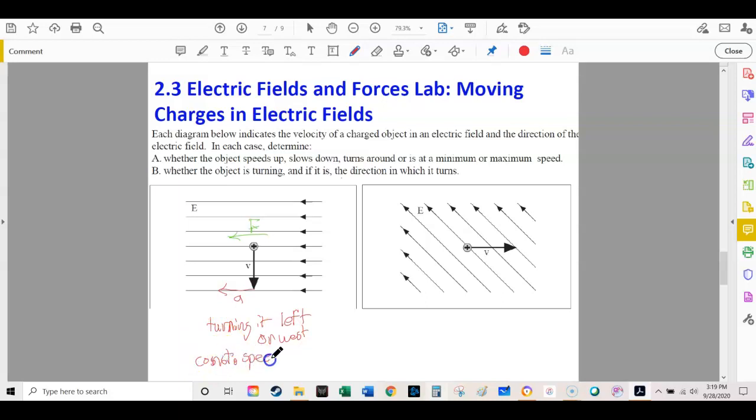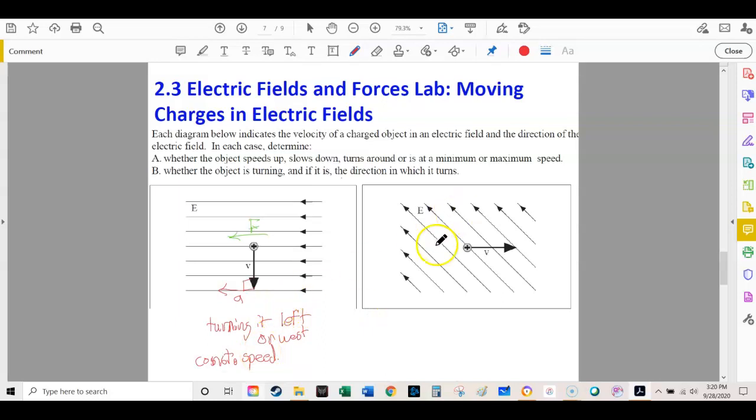Not constant velocity, but speed. So it's going to turn it to the left, and also it's going to keep it traveling at a constant speed. Okay, as it's doing that. So it's not going to be speeding up nor slowing down at this instant. And that's because the acceleration vector is perpendicular to the velocity vector. All right. So you're supposed to describe which way it's moving, but also what it is doing: speeding up, slowing down, or constant speed. Okay?